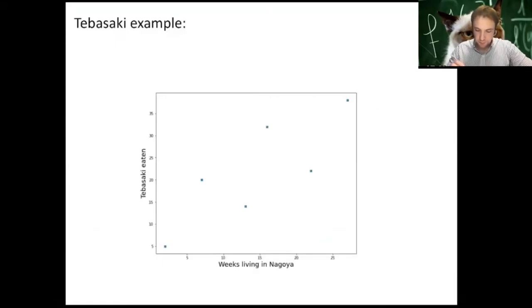So what we want to have in the end is some h of theta x such that this looks like this.